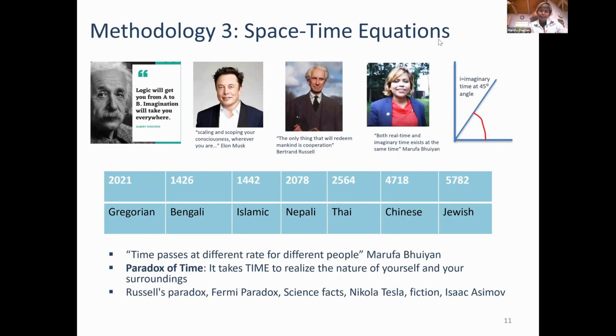A few years ago, I was reading Stephen Hawking's book, Black Holes and Baby Universes. There he says imaginary time exists and it travels at a 45-degree angle. It kind of changed my whole perspective. You see all these calendars here, these are all the present day, 2021, and then the Bengali calendar, because we're still ruling the Bengal, and then we have all these other calendars.